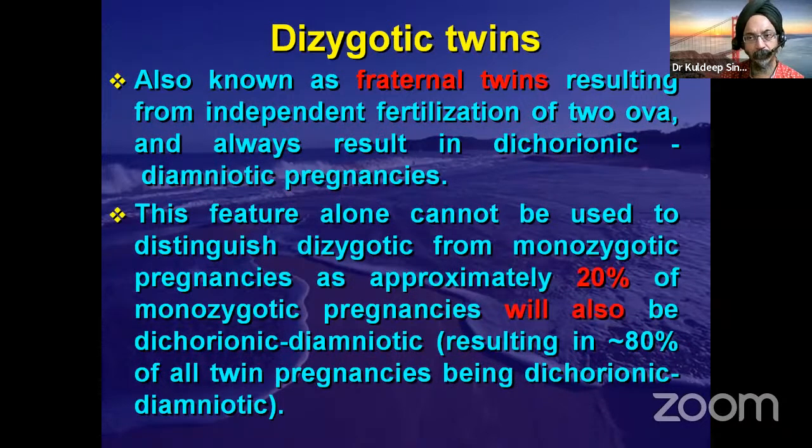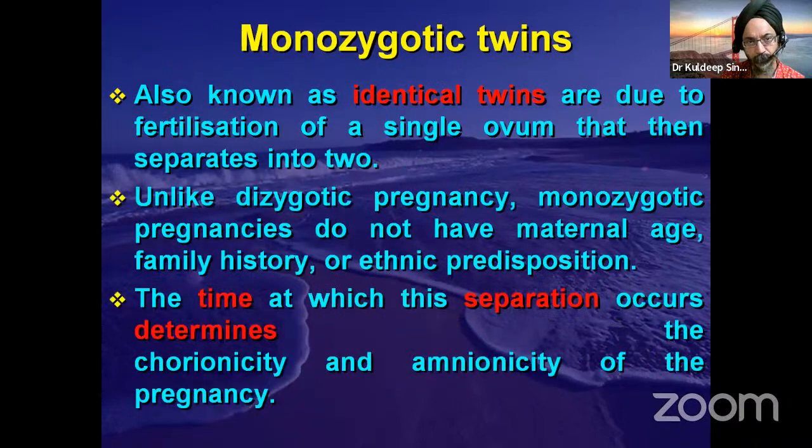Dizygotic, known as fraternal twins, is independent fertilization of the 2 ova. They result in dichorionic diamniotic twin pregnancies. This feature alone cannot be used to distinguish dizygotic from monozygotic, because approximately 20% of the monozygotic ones will also be dichorionic diamniotic.